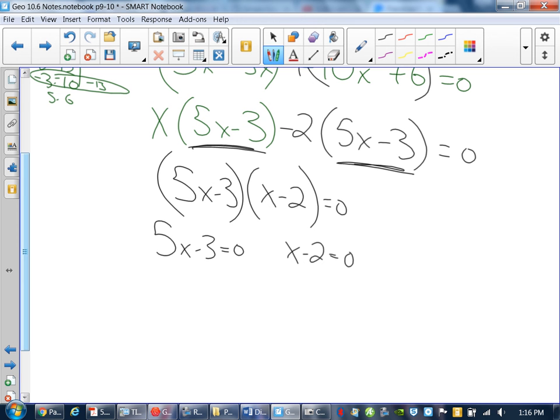So one of them you're going to get x equals 3/5. And then on the other one you just have to add 2. And those are your two zeros. The zeros are created from the terms. That's where all this comes back and forth to, okay?